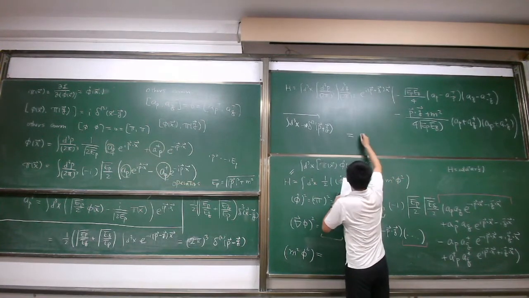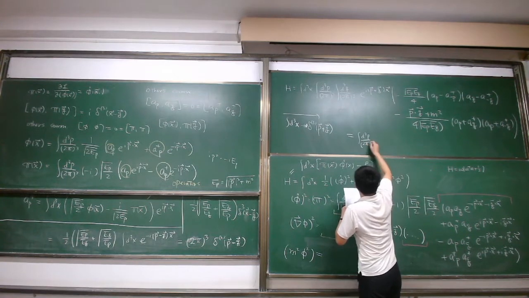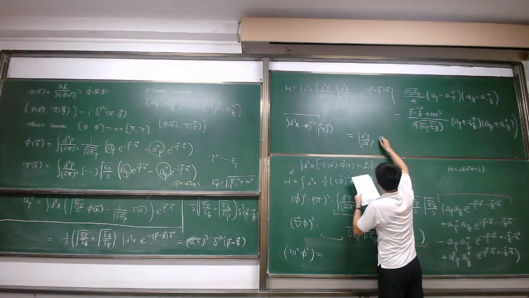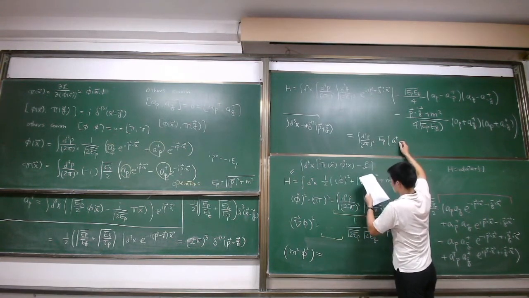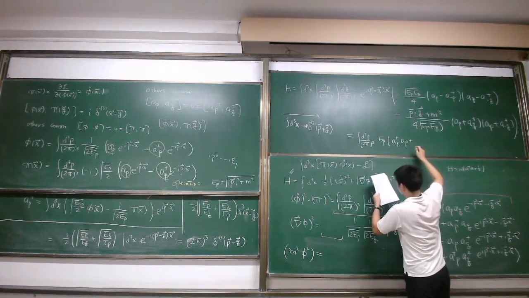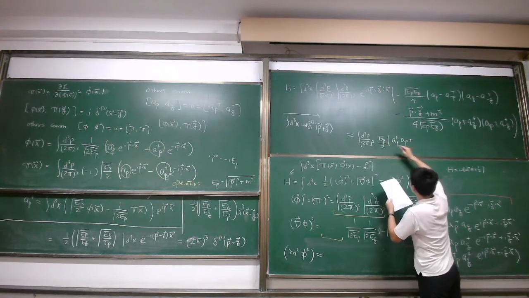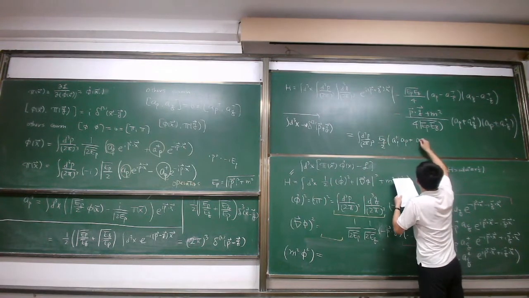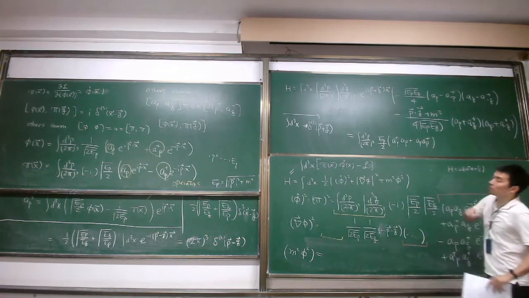But you end up with q e 2 pi or q dp. Okay, so that's what you end up with.